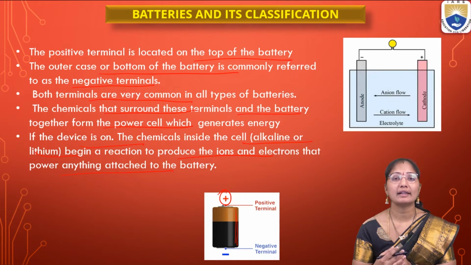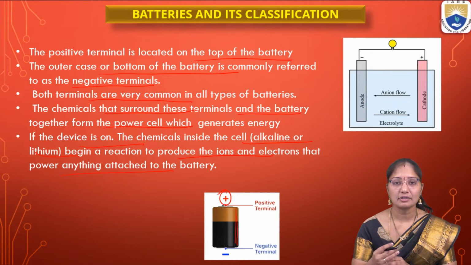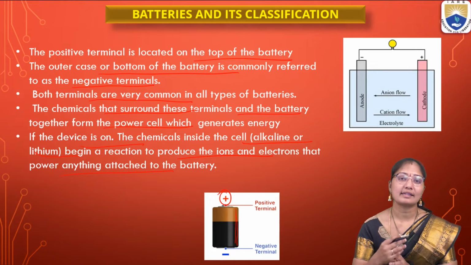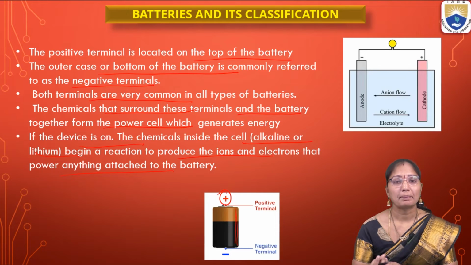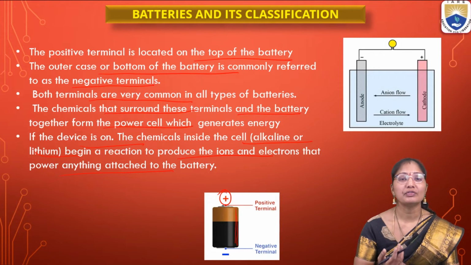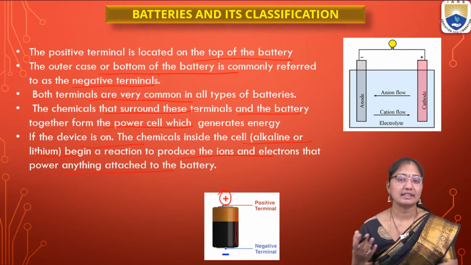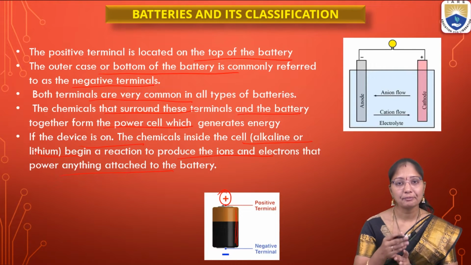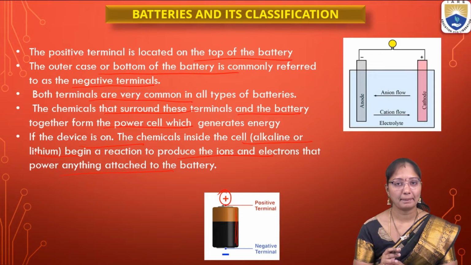When the power is on, it starts reacting and produces electrons. It results in the supply of electrical current to which it is attached. It may be a torchlight, a calculator, or any electrical appliance.